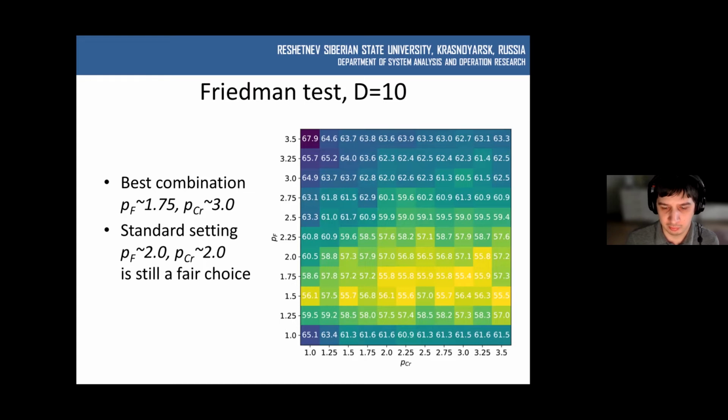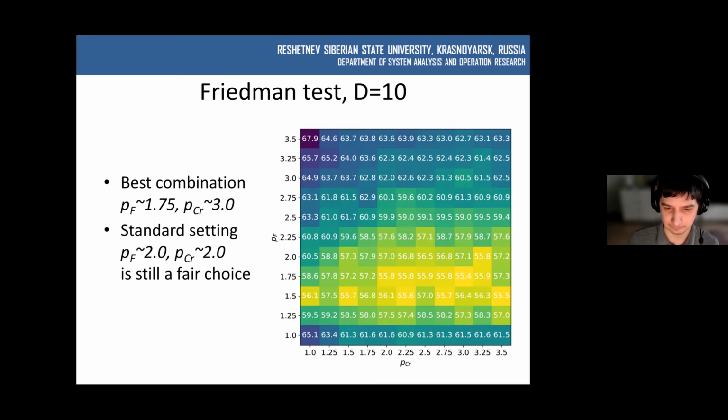This is the average Friedman test ranks for all 30 functions, 10-dimensional. On the x-axis are the p-values for the crossover rate, and on the y-axis the p-values for the scaling factor.